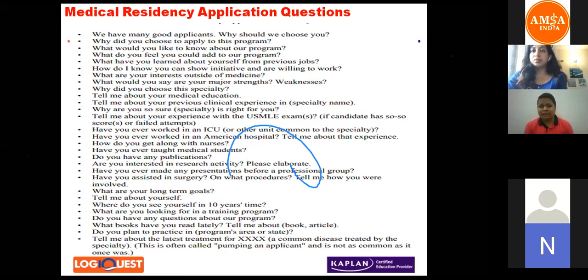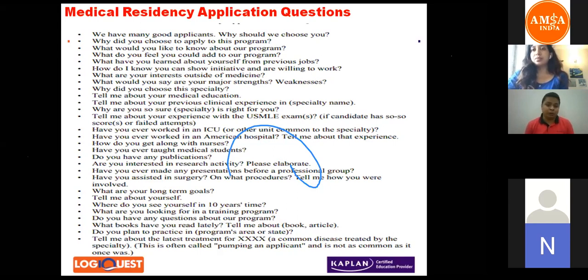Have you ever made any presentation before a professional group? Now, the key word here is a professional group. So if you've done a class presentation in your second year in front of your class, don't talk about it, right? If you've attended any UG conferences or something and you've done something, then yes, this is the place that you should be boasting about things because you've done that. Have you assisted in surgery, and on what procedures?